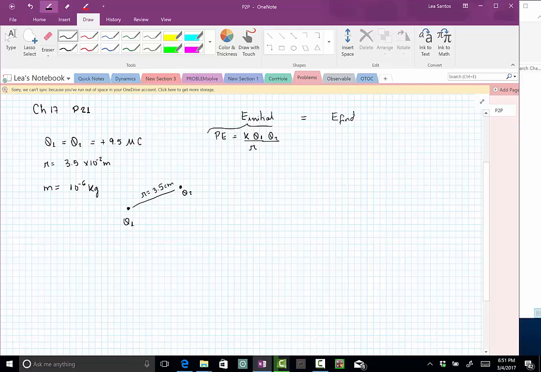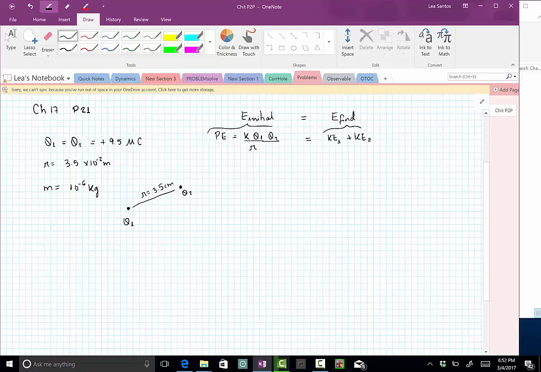And what is this final energy, where these particles are very far away? When they are very far away, there is no potential energy anymore. There will be only kinetic energy, for particle 1 and for particle 2. So this will be equal to the kinetic energy of particle 1 plus the kinetic energy of particle 2.